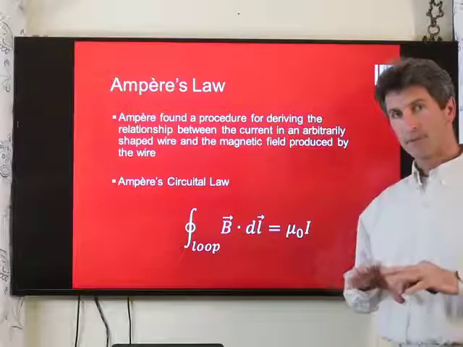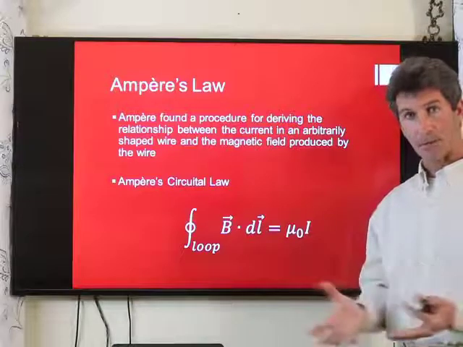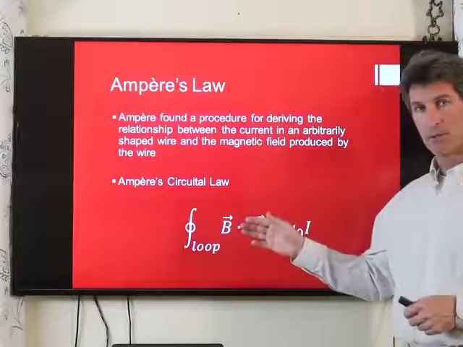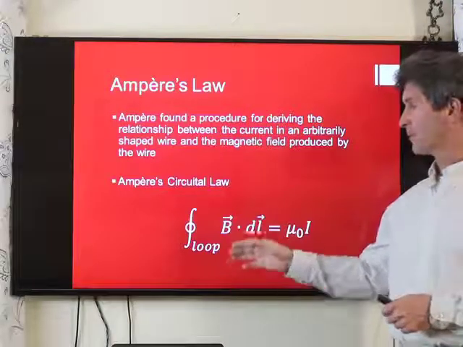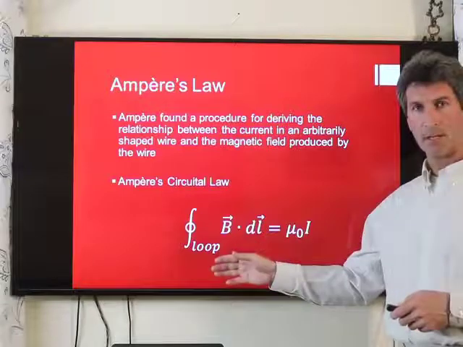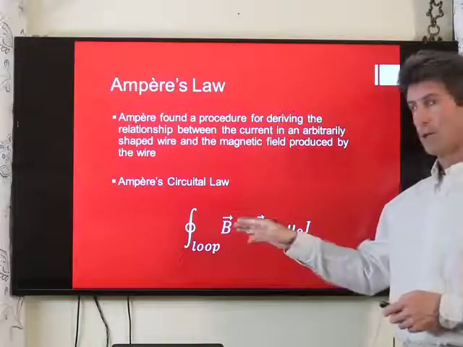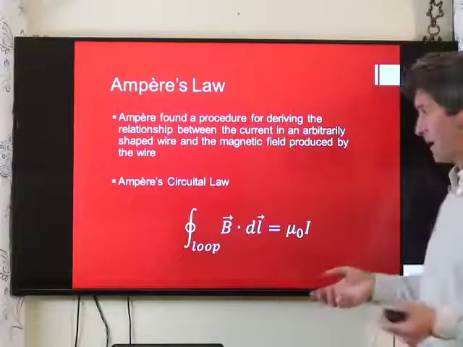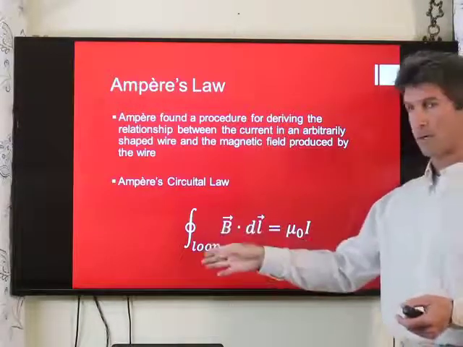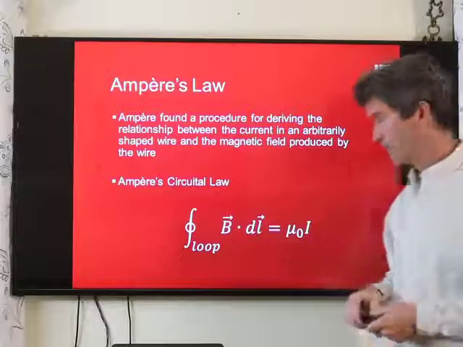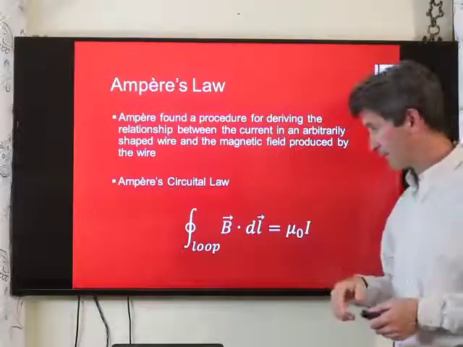But instead of taking a surface and wrapping around a charge with that surface, we're going to take a loop and wrap a loop around current. And in this particular case, we're not calculating flux, but rather we're integrating the magnetic field along some imaginary line to obtain the strength of the magnetic field.